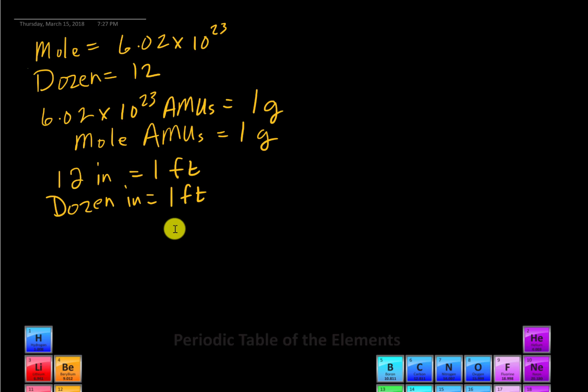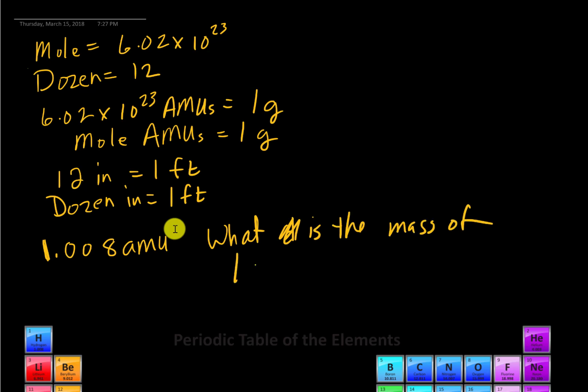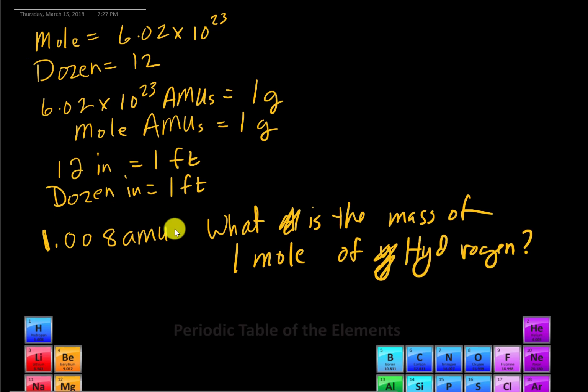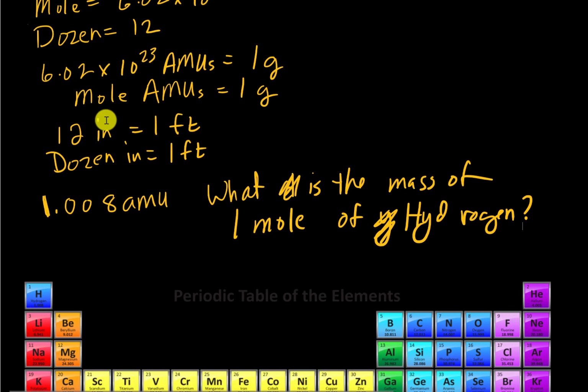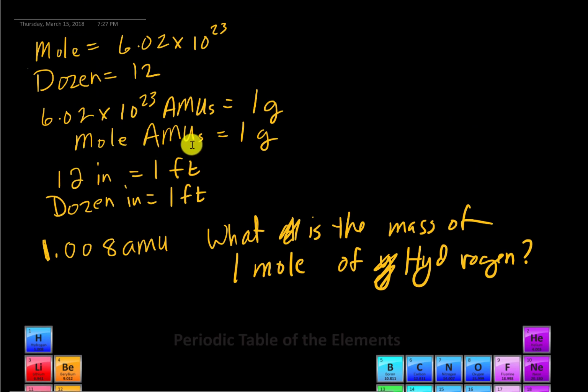If we take hydrogen, hydrogen has a mass of, we're going to get the exact mass here, 1.008 AMUs. So now in the lab, we're going to say, what is the mass of 1 mole of hydrogen? Now, we know that 1 mole of AMUs is equal to 1 gram.